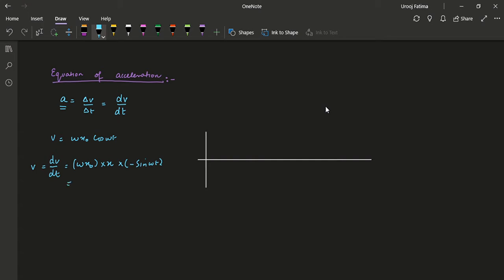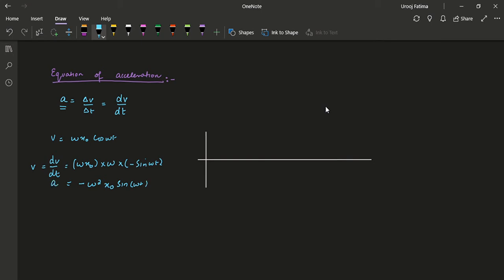So ultimately, this was supposed to be omega, so it's going to be minus omega square x naught sine omega t. So that's where your acceleration lies.